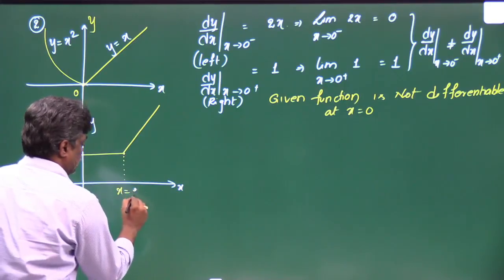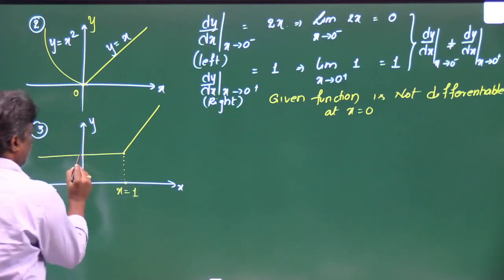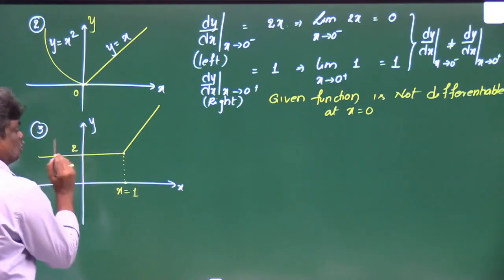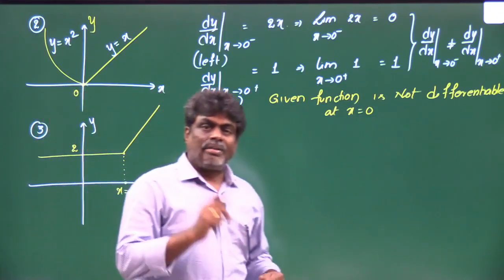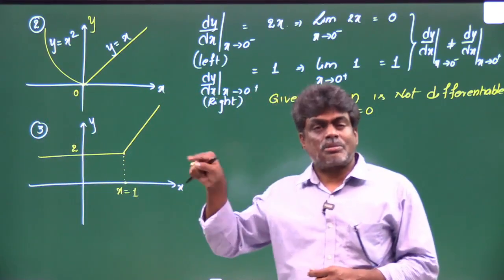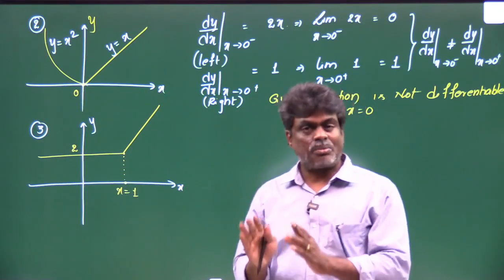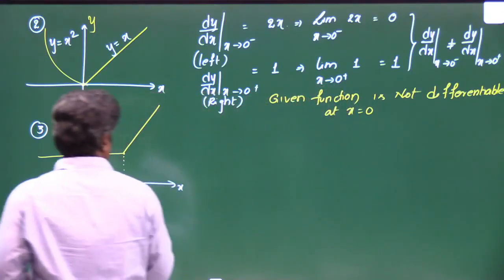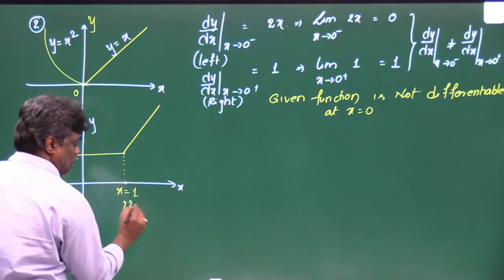Here x equal to 1 they have given this point, and this value they have given as 2, and the graph is given. They are asking whether the corresponding function is differentiable or not at x equal to 1.